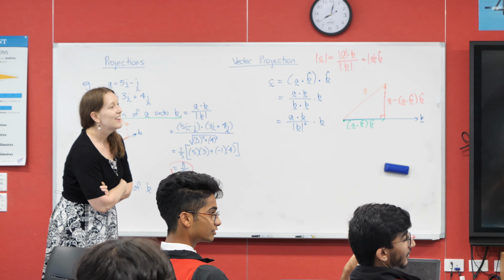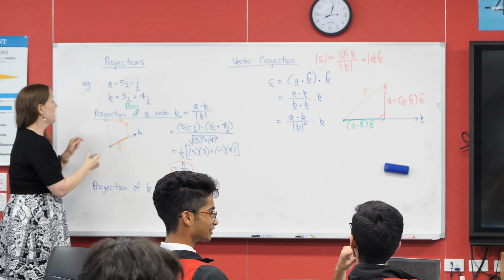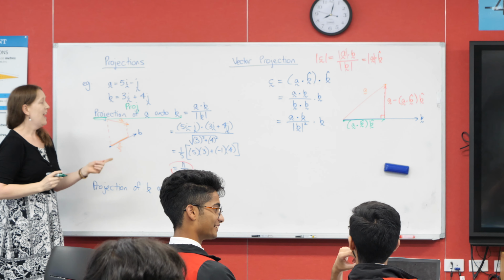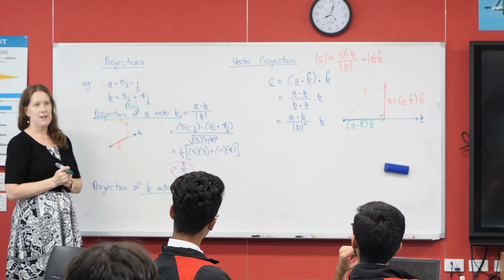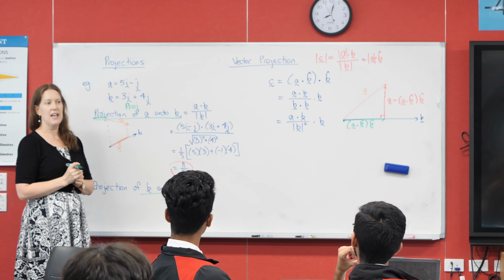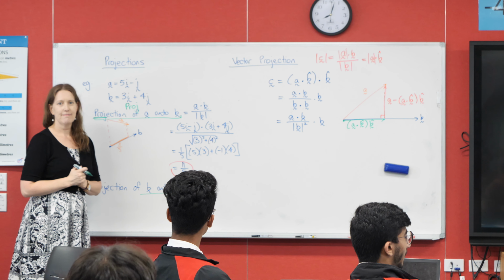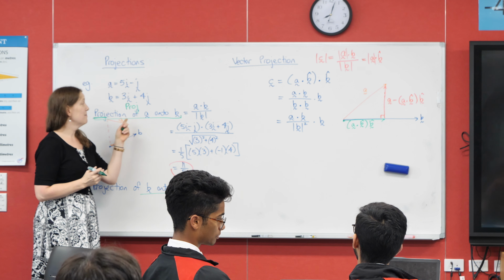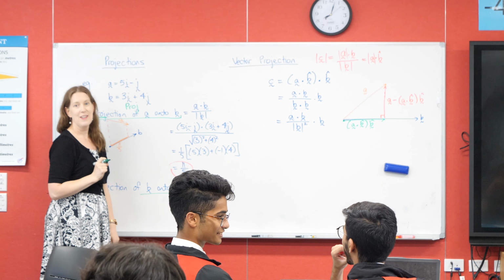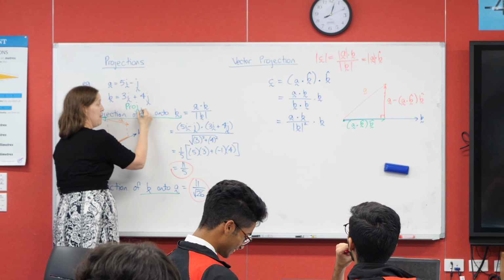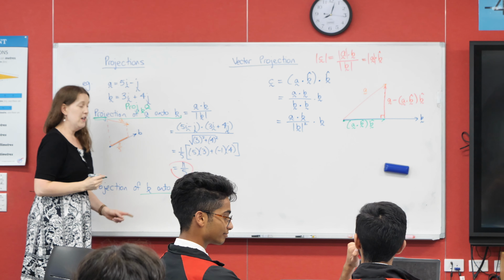Make it proj. Some of you already know. We make it proj, the projection. And how are we going to tell you the direction of the projection? I gave you a bit of a hint earlier when I said base B. Not logs, but we're going to use very similar notation. Why did your brain go to logs? Base B. So we're going to go proj base B of A.